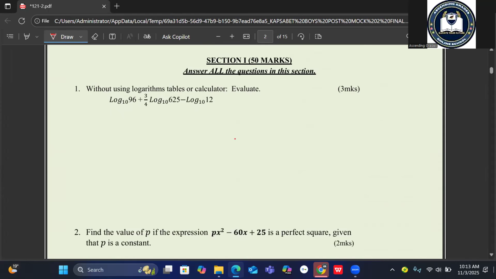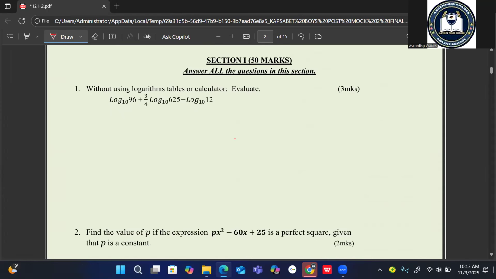So first of all, we know that 3 over 4 log 625 to base 10 is the same as log 625 to base 10 power 3 over 4. So 625 power 3 over 4 is the same as 125.